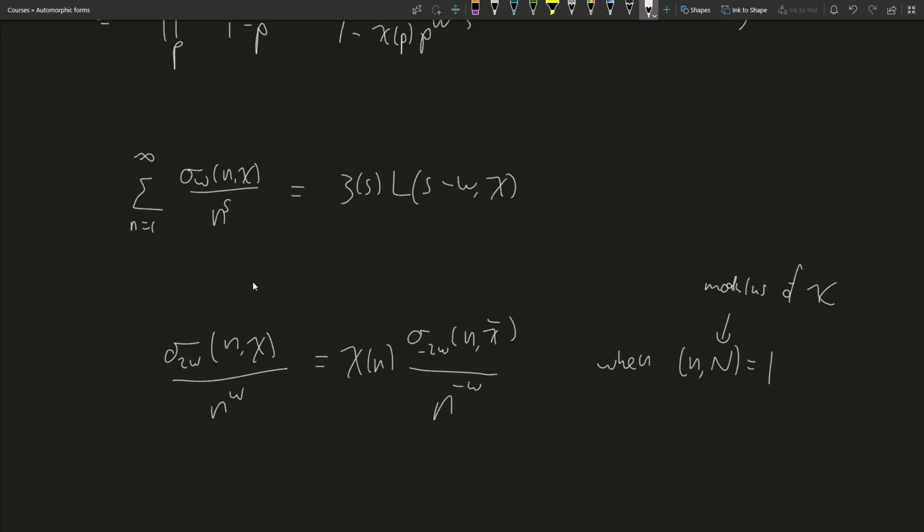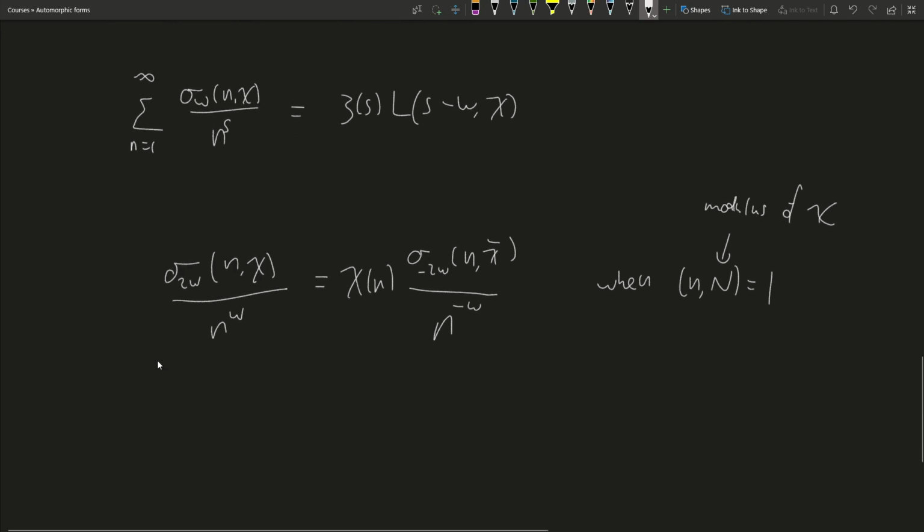So what that means is that this shift of w is kind of because we normalized wrong. One way you could write it instead is the sum n from 1 to infinity of sigma sub w n chi over n to the w over 2 times n to the 1 over n to the s.